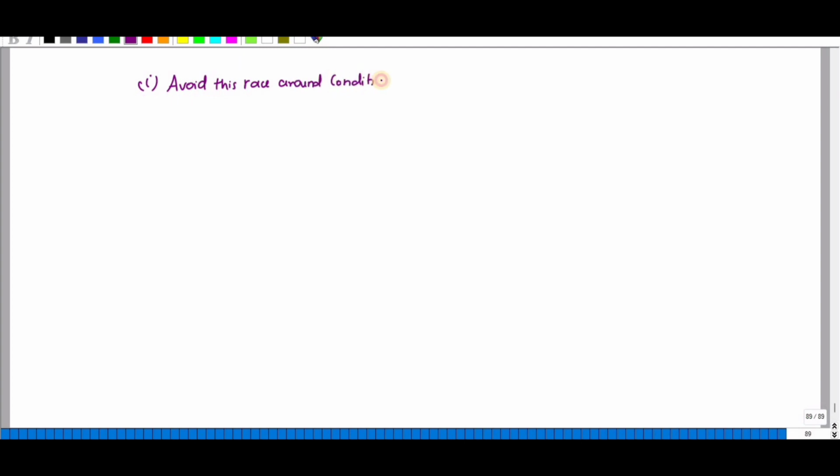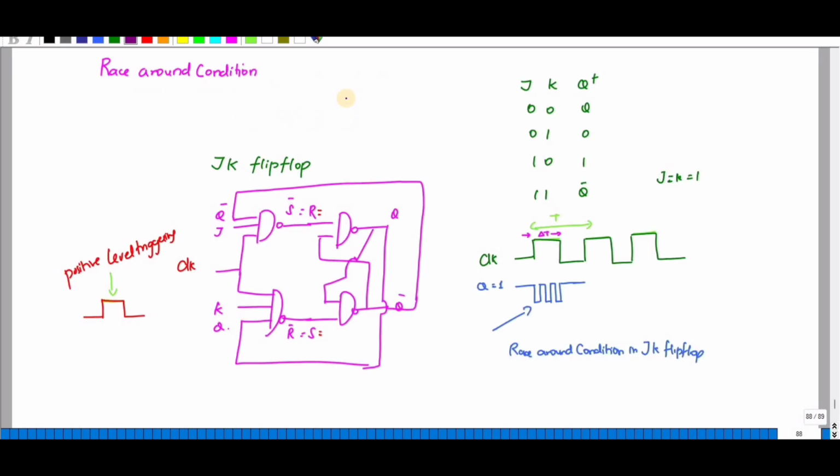The first way is using edge triggering. Instead of level triggering, if I use edge triggering, the clock is active only during this time period. So what happens to my Q?